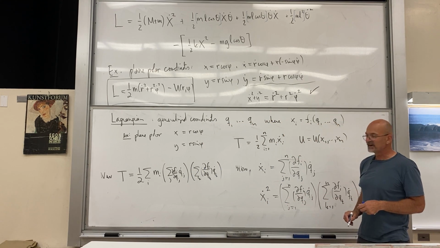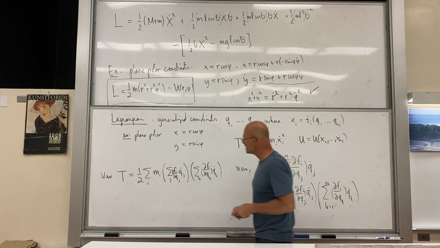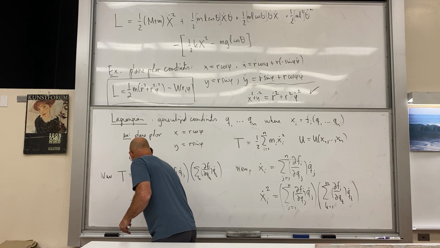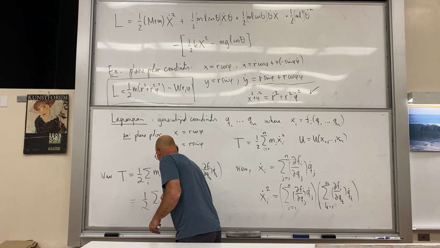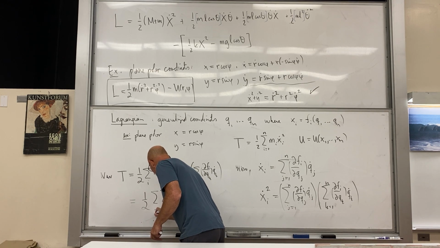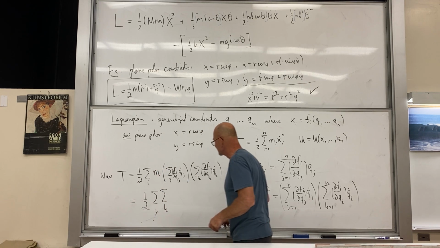Looks bad. Three sums. I'm just going to rearrange them. 1/2, so the sums over j and k go like that.